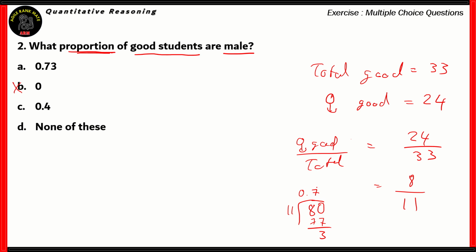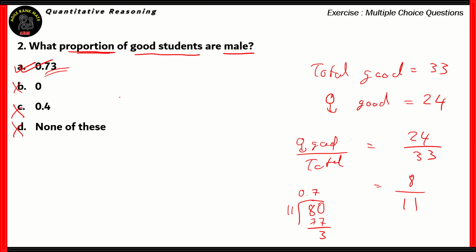Now you get 0.7 so far, and among the options, it's clear that option A is the right answer. Option C and option D are incorrect. So you don't have to divide the whole thing, because you'll add a 0, you'll get a 2, and then the decimal goes on and on. It's approximately equal to 0.73. So option A turns out to be the right option in this case.